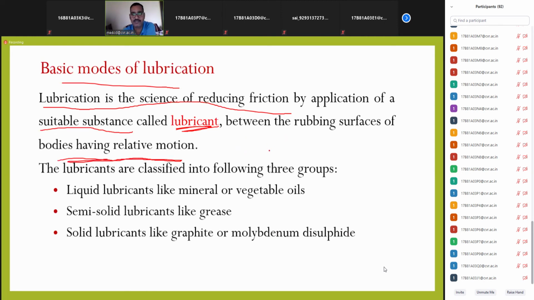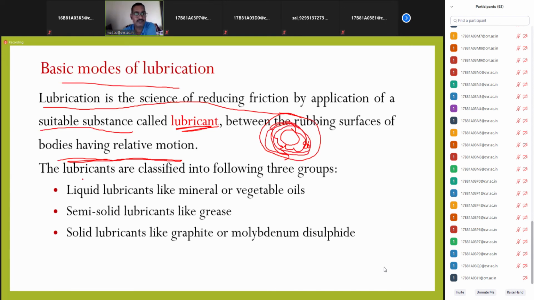If, let us suppose, there is a shaft here and some oil and there is no movement, when there is no movement, we cannot call it a lubricant, right? If there is a movement, then we can.